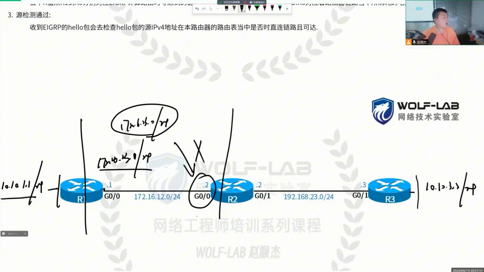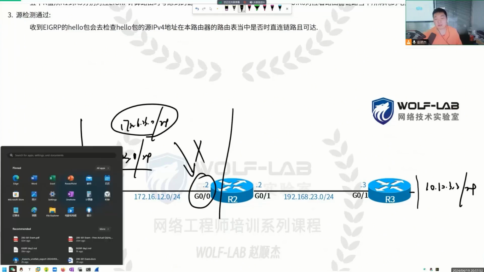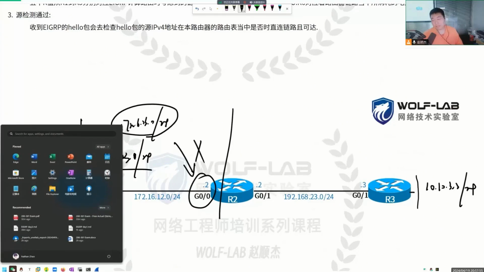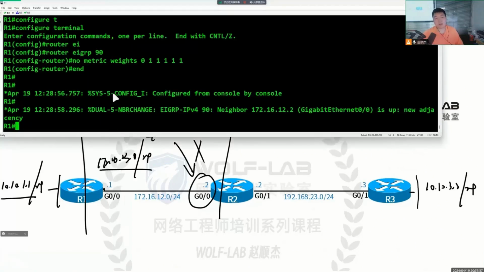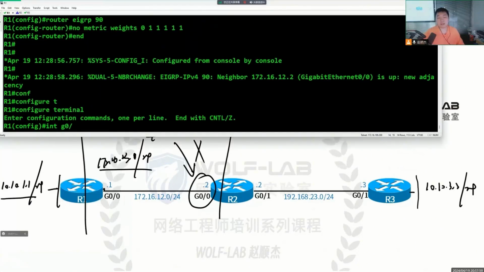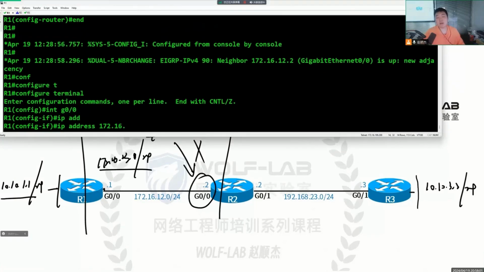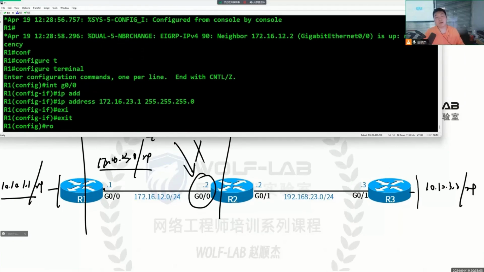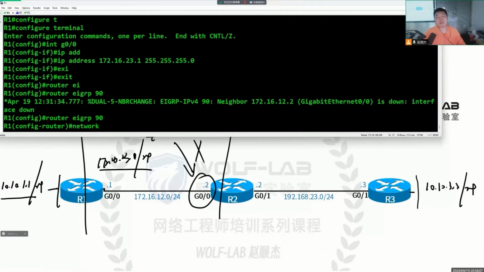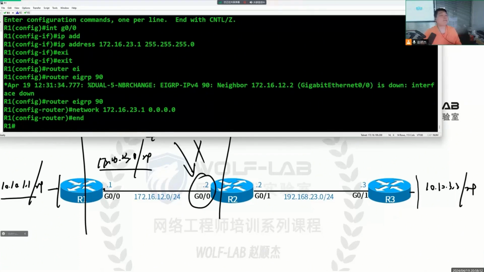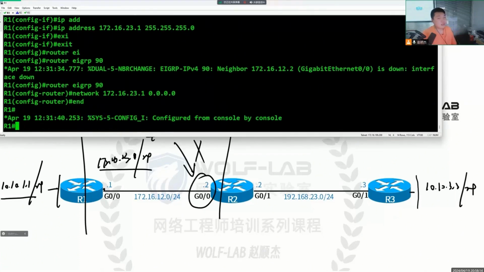So we and the zero interface of R2, it's not a network segment anymore. So at this time, can we two establish a neighbor relationship? Do an experiment. So we log into R1. I do this, zero interface IP address, 172.16.23.1. So I let it run, our EIGRP, okay.